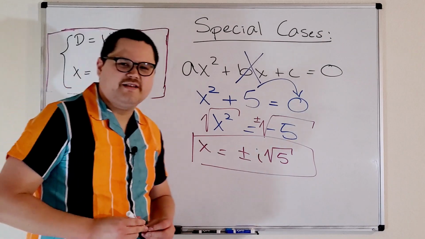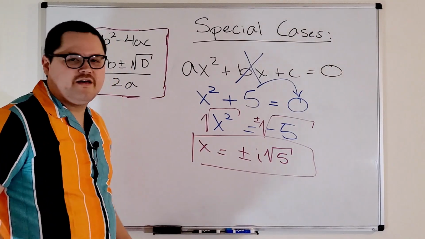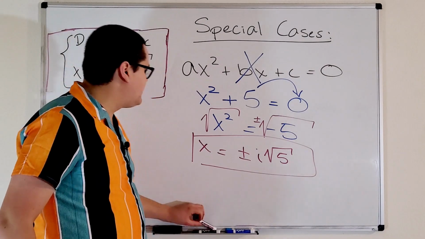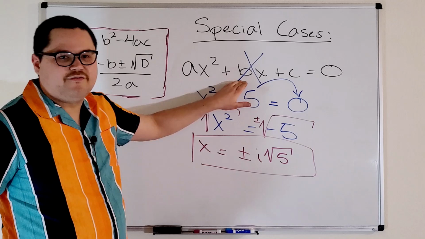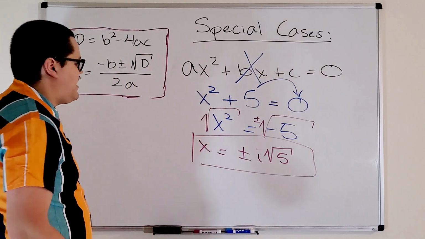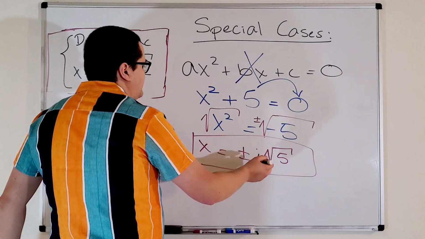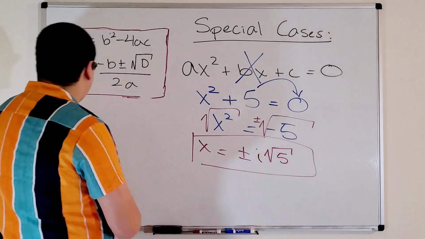Now you will get the exact same thing with the quadratic formula, but it will take a little bit longer. So here, we have to write it in this form, ax squared plus bx plus c is 0. To do that, we have to write this as x squared plus 0x plus 5 equals 0.